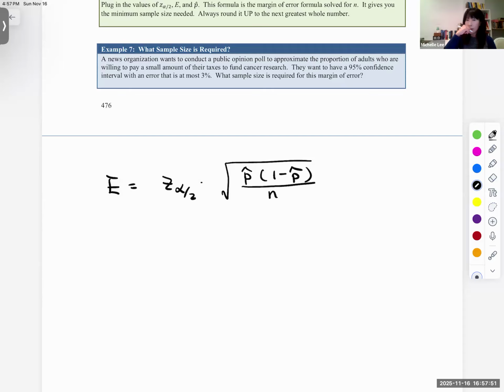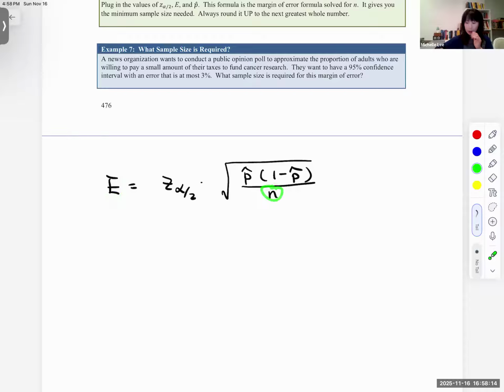Okay, so that's why we say that when sample size is bigger, the margin of error is smaller. When sample size is smaller, margin of error is bigger, right?